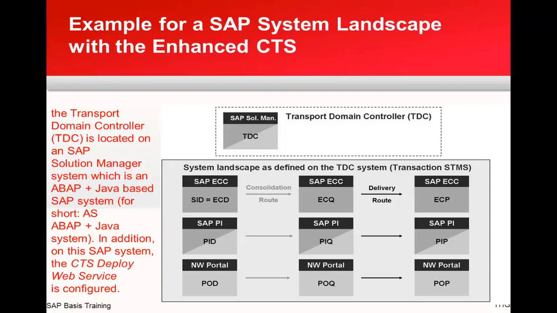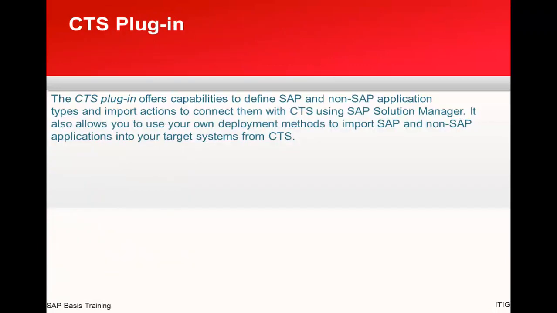Then for portal you have this SID we are using for portal. So here you are seeing three different landscapes, a single domain controller, three different types of product. That is using enhanced CTS Plus. The changes are being transported from the dev environment to the quality environment to the production environment.